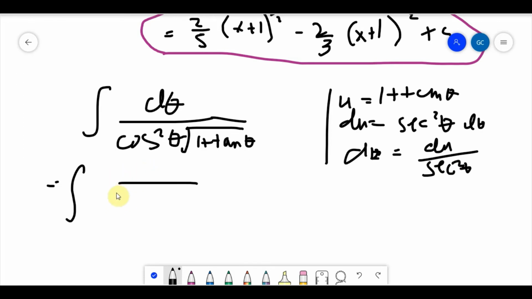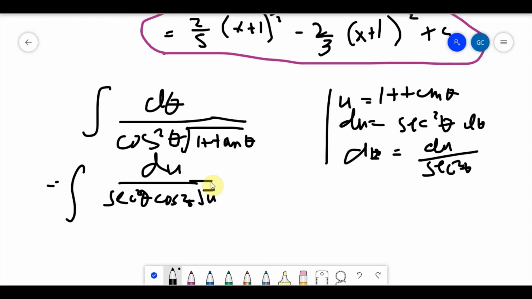We have here du over secant squared theta, over cosine squared theta, times the square root of u.